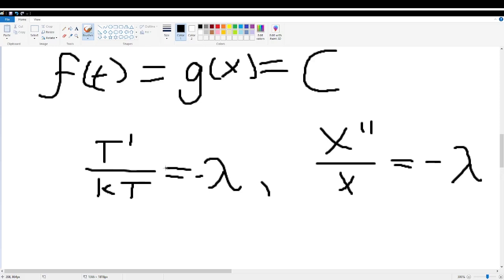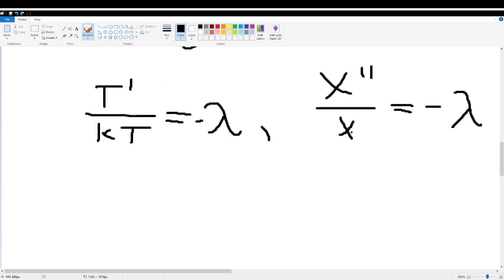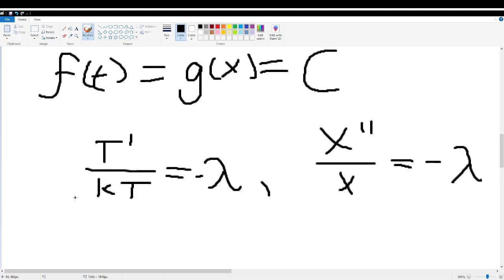Now these are two ordinary differential equations. Remember, this is dT/dt, and this is d squared X/dx squared, right? And these are two ordinary differential equations. Not only are they ordinary, they're both linear constant coefficient homogeneous differential equations if we set up the algebra correctly.